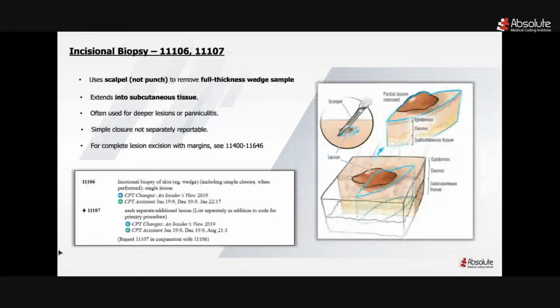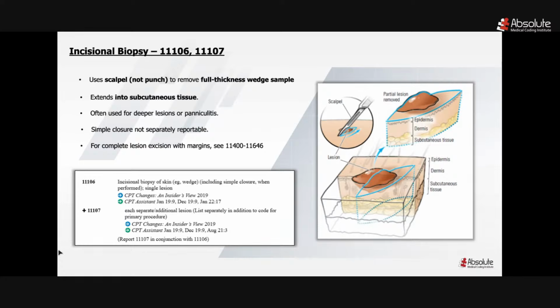Next, let's talk about the third type of biopsy, which is incisional biopsy. The CPT codes used are 11106 and 11107. Unlike punch biopsy, incisional biopsy uses a scalpel to remove a full thickness wedge of tissue going down into the subcutaneous tissue.